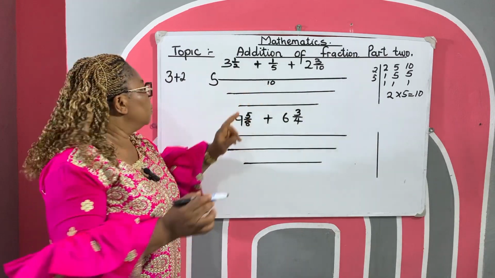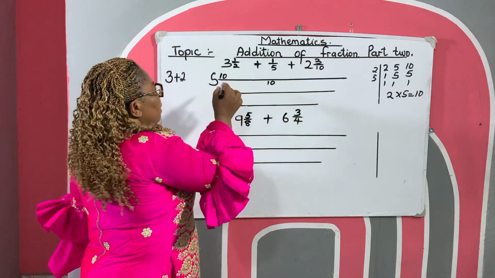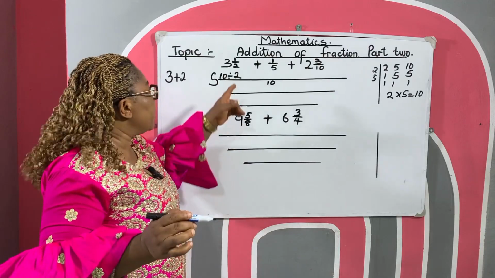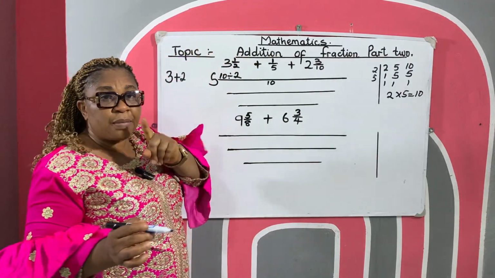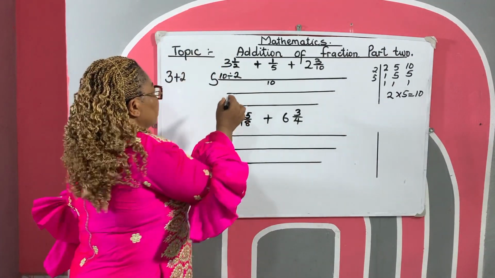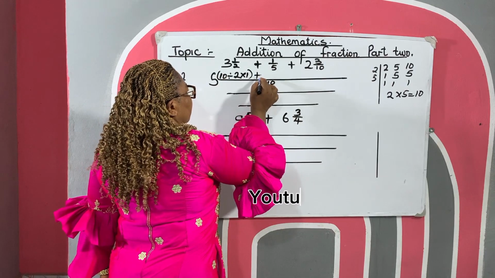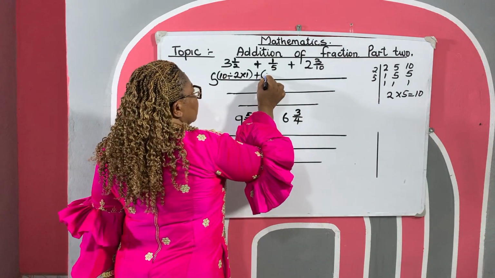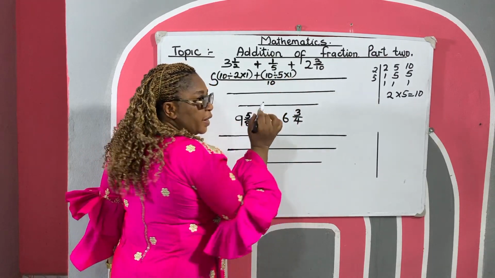This LCM, look at where I write. This LCM divided by the denominator, times the numerator. The LCM again, divided by this, times the numerator.